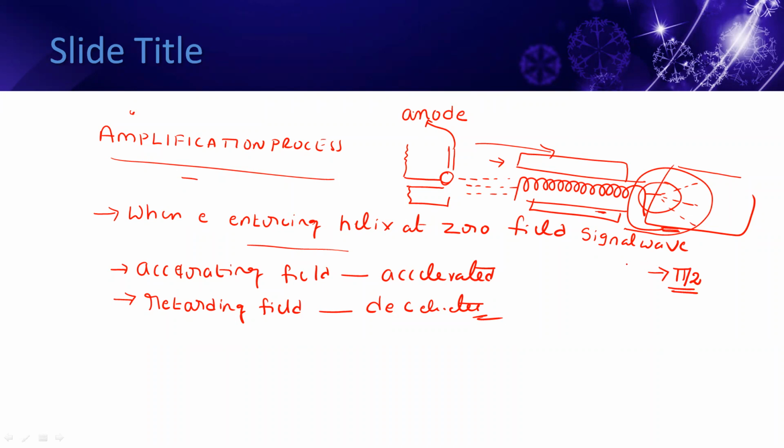Since the DC velocity of electrons is slightly greater than the axial wave velocity, more electrons are in the retarding field than in the accelerating field, and a great amount of energy is transferred from the beam into the electromagnetic field. This process is termed the amplification of the signal wave.